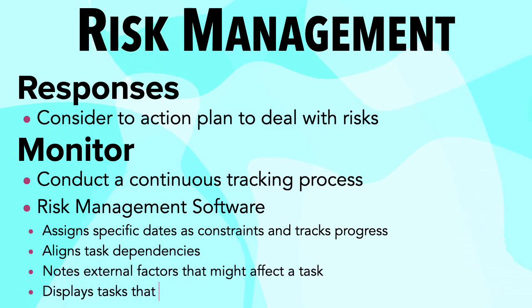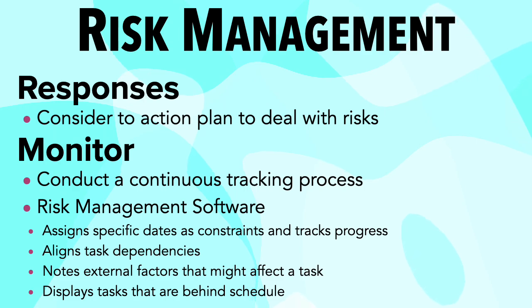That helps us with monitoring where we are in the plan, documentation on external factors, and probably displaying in red or some kind of critical indicator when tasks are behind schedule, so the team can do their best to catch up and, for the scope, stay on time and stay on budget.